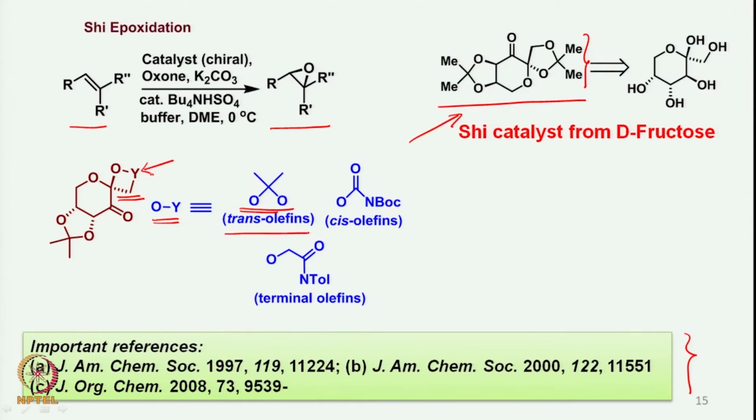If we change the substituent there and make it N-Boc here, this is found to be more useful for the cis olefins, and if we have this N-aryl here, then of course it is useful for the terminal olefins. The mechanism and the transition states are somewhat complicated, so I would not like to discuss it here, but one can check these references and get to know how this affects the corresponding olefins.